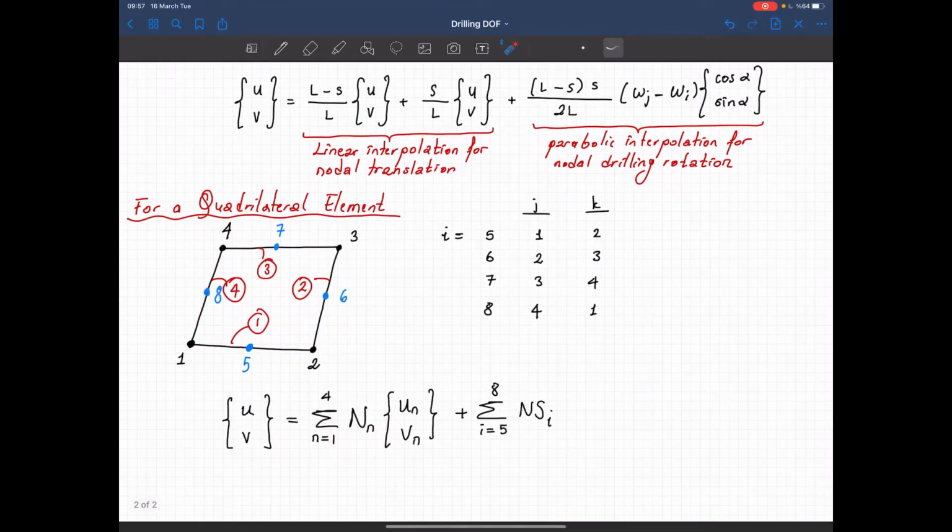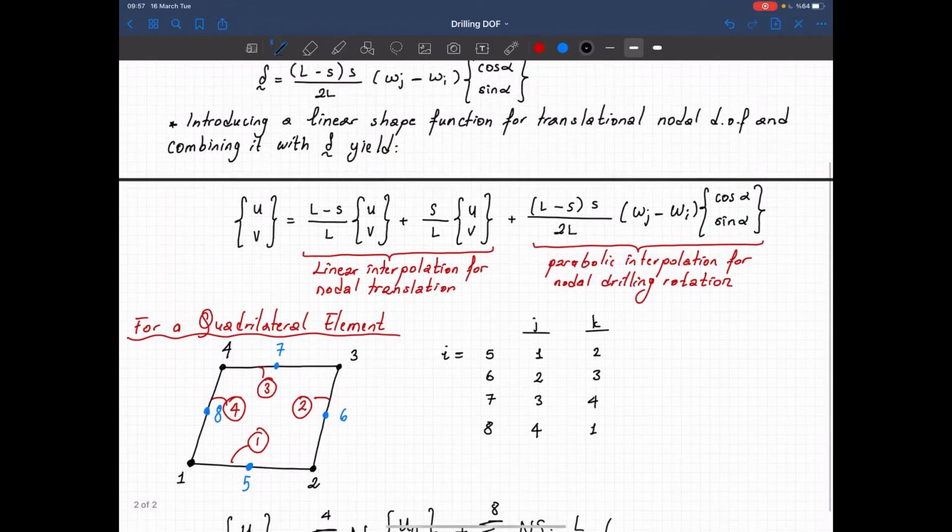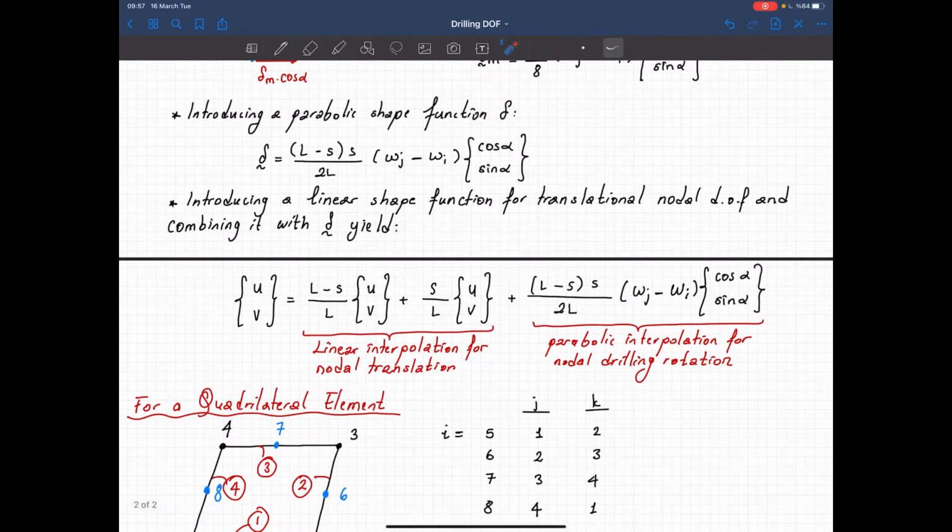So NS1 multiplied by, so we have L over 8 here, because at the middle the translation should be equal to L over 8 multiplied by the difference of rotations multiplied by cosine alpha and sine alpha. So mid h is equal to 1, L over 8 multiplied by, in this interpolation, end node minus start node.